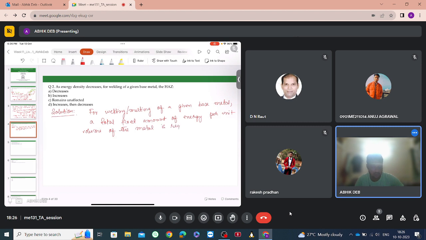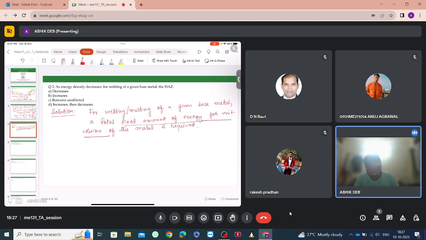That we saw in the previous problem, it was 12 joule per millimeter cube. So whatever be the energy density, for every millimeter cube of the material to be melted, 12 joule must be supplied. Okay. So this is a fixed amount of the energy required per unit volume.